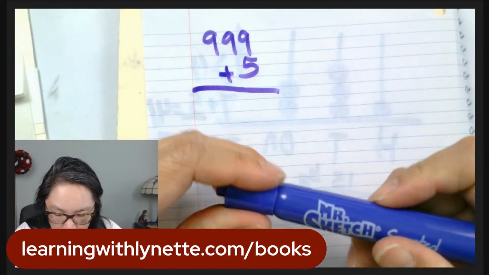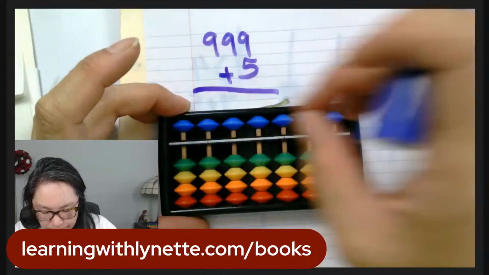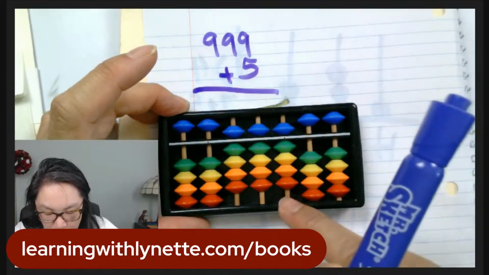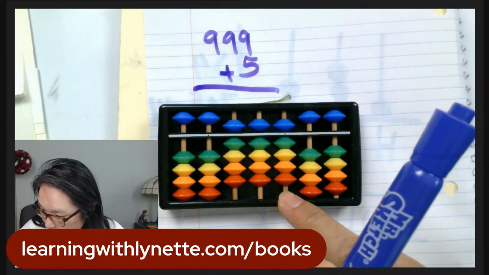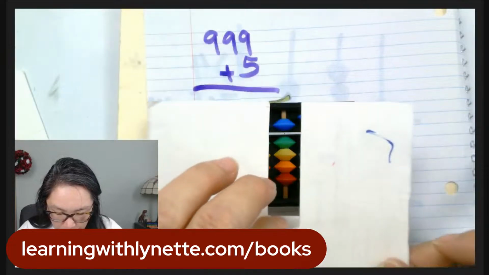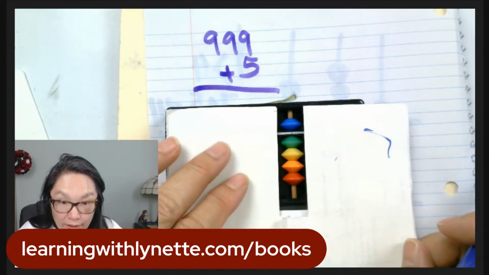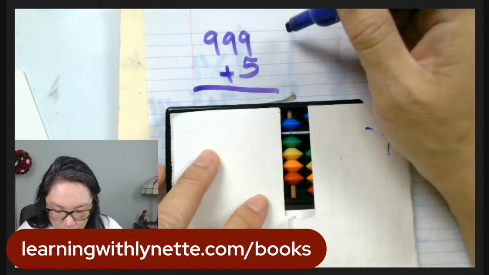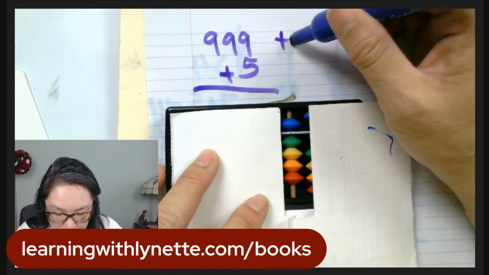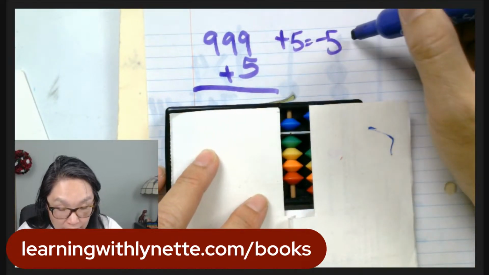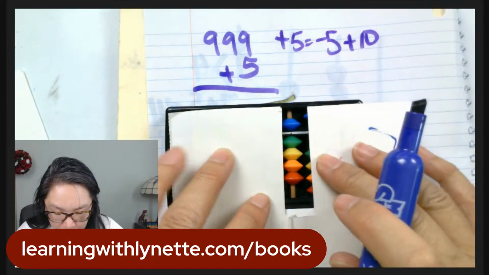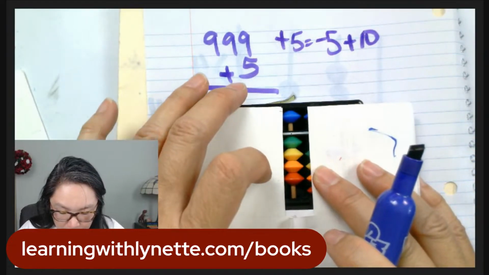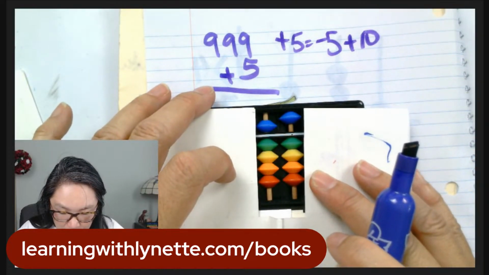We have 999, and we add the 5. When we add the 5, what are we going to do? I can't do it directly. So plus the 5 is equal to minus the 5 plus the 10. So I'm going to minus the 5, and then I'm going to plus the 10.